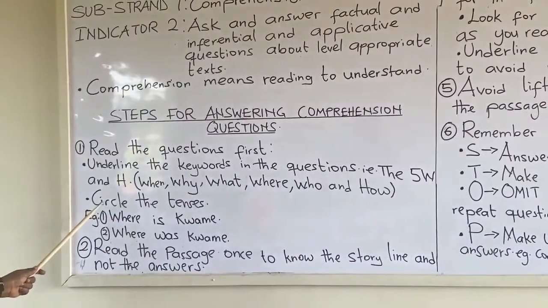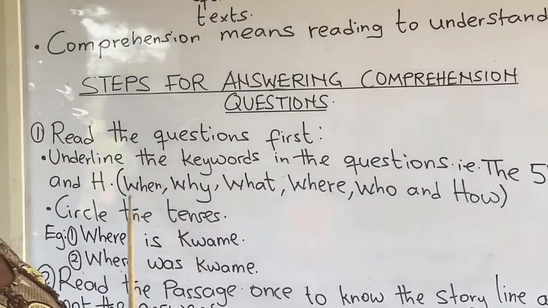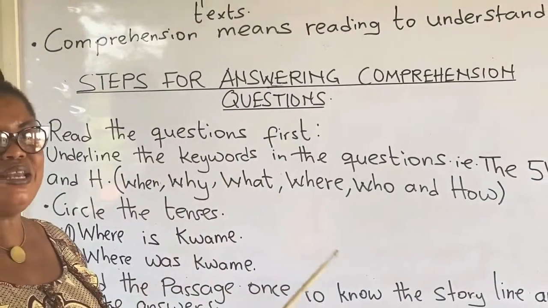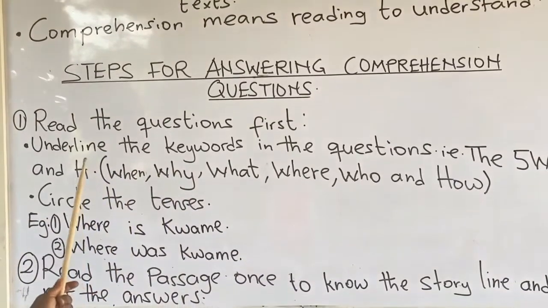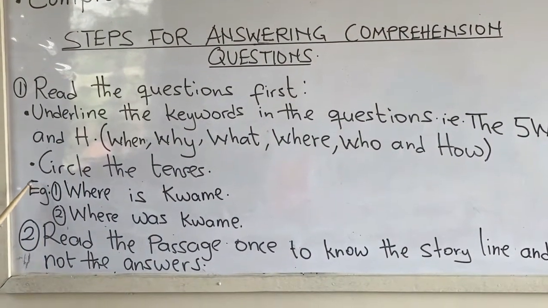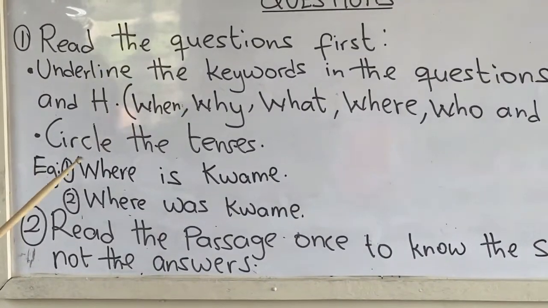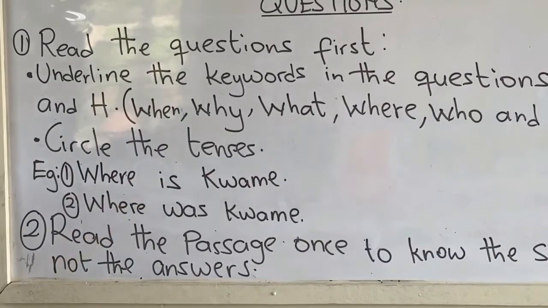Now, also circle the tenses. You have to circle the tenses. How do we circle the tenses? Let's look at example 1. Where is Kwame?